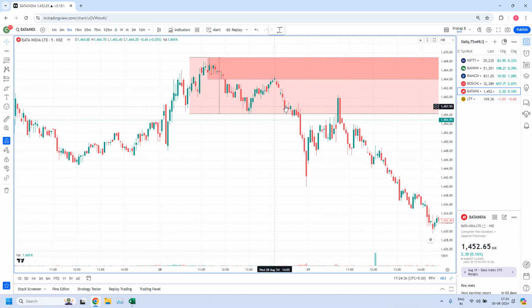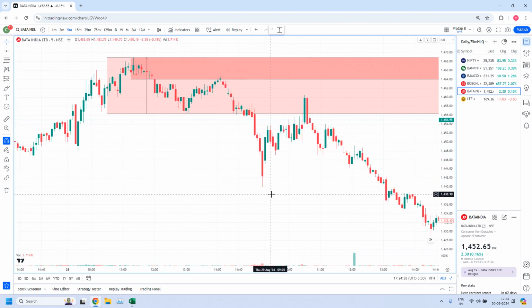But anyway, we are limiting our analysis up to 5 minutes. Unless there are strong price action clues, we look into the 1-minute zone. If strong rejections are there, then we look into the 1-minute zone. But fine tuning we will limit to only the 5-minute time frame.